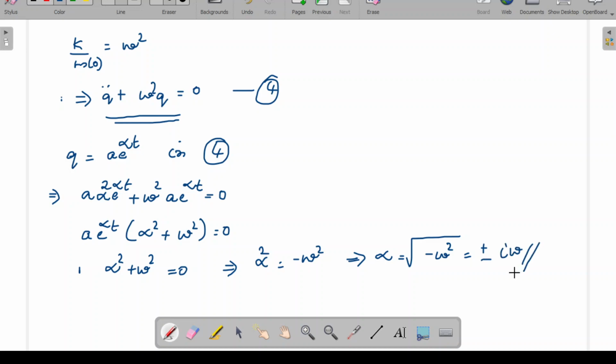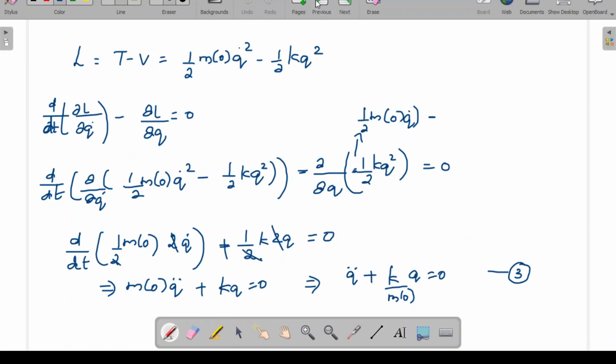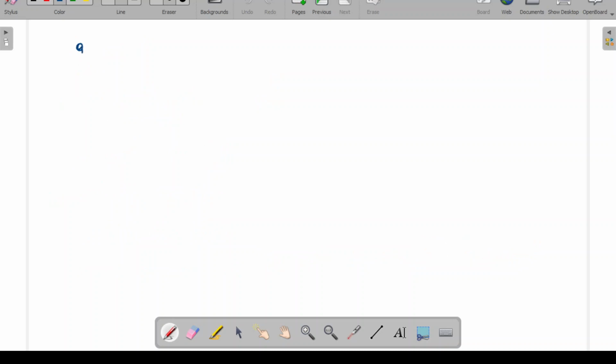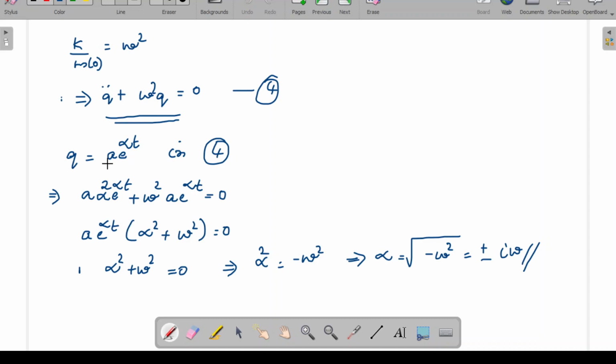So therefore the general expression for q can be written with e raised to i omega t as well. Instead of alpha I got plus or minus i omega, so there will be two solutions: a e raised to plus i omega t and a e raised to minus i omega t. The coefficients may change in both cases.